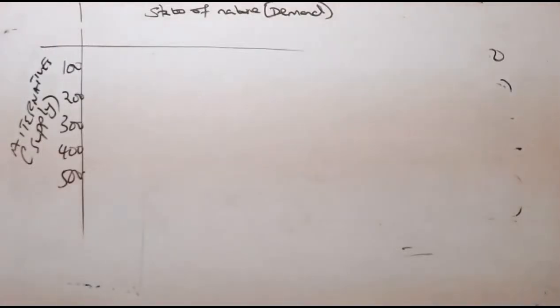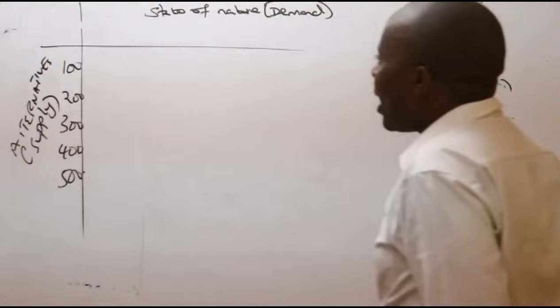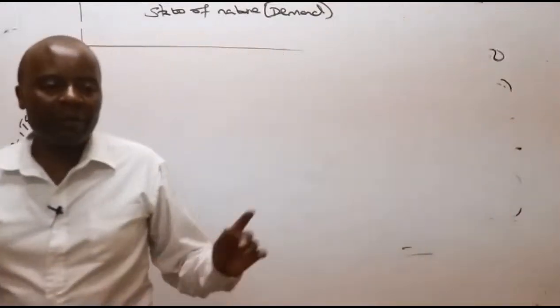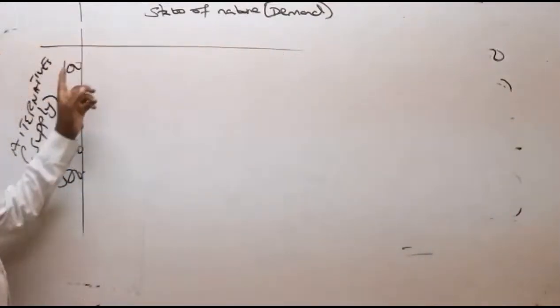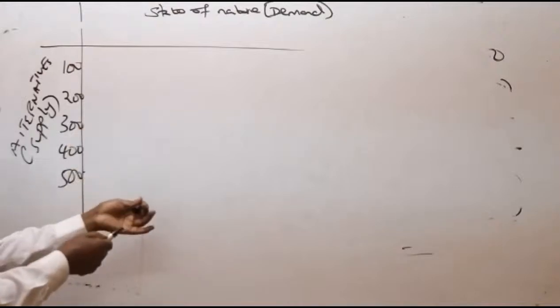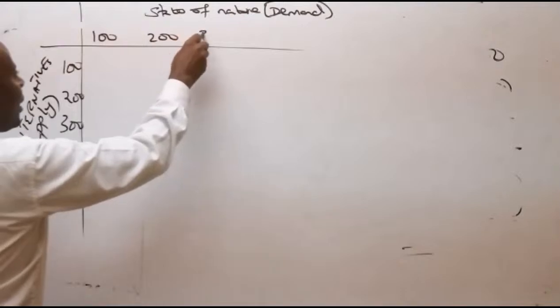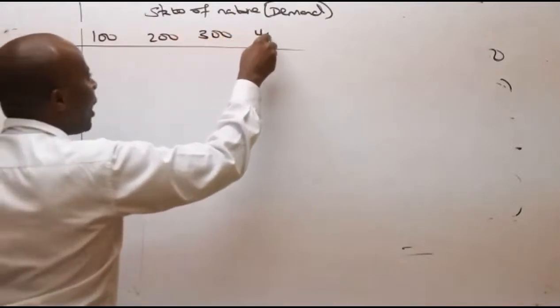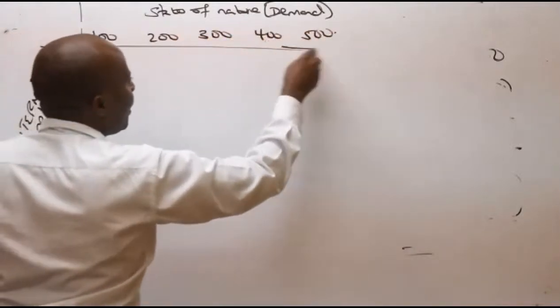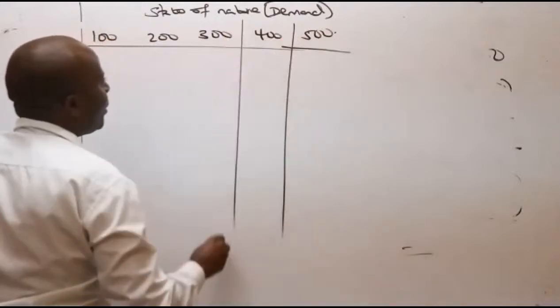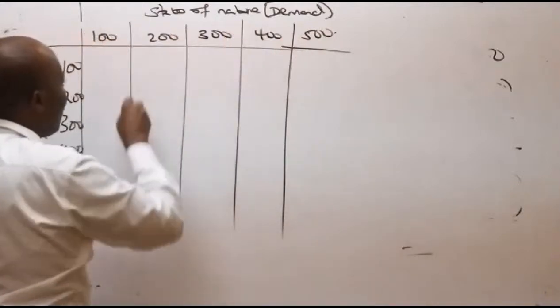So the same supply figures that you have here will be the same demand figures we put there. So here we are going to put 100, 200, 300, 400, and then 500. Then, ladies and gentlemen, what we're going to do is to have our cells.